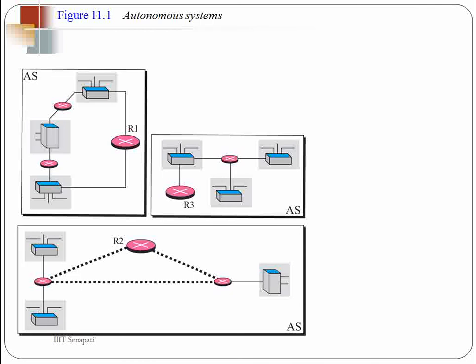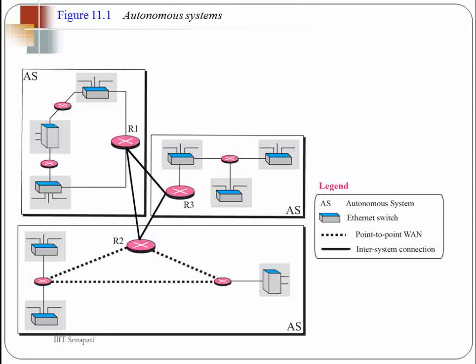You will call them interdomain protocols. Here these are the autonomous systems, and these are the routers where this bold line will be using interdomain routing, and these other simple lines are using intradomain routing protocols.